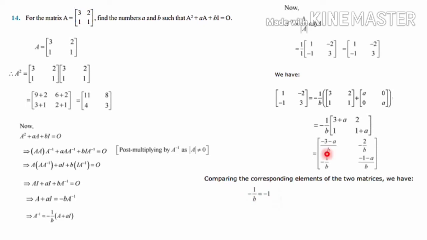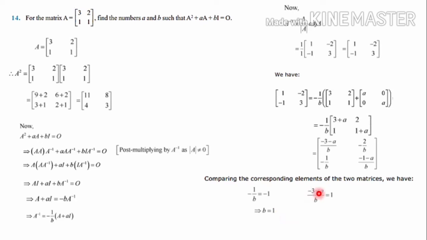So here minus 1 by B we can compare with this minus 1, because these two matrices are equal. Two matrices are equal means their corresponding elements are also equal. So minus 1 and minus 1 by B are equal. So B is equal to 1 we have got.